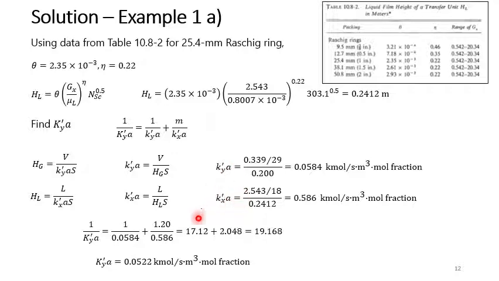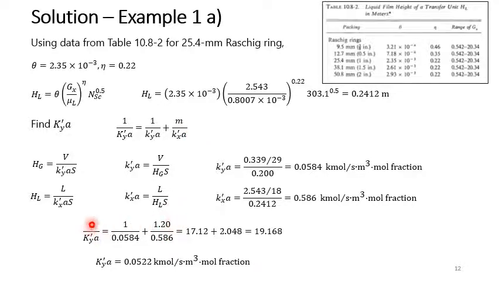So when you have these values, you can plug into this equation here. m is the gradient of the equilibrium relation. Earlier in the question, it's given that for the system, y equals 1.20 times x, so m is 1.20.